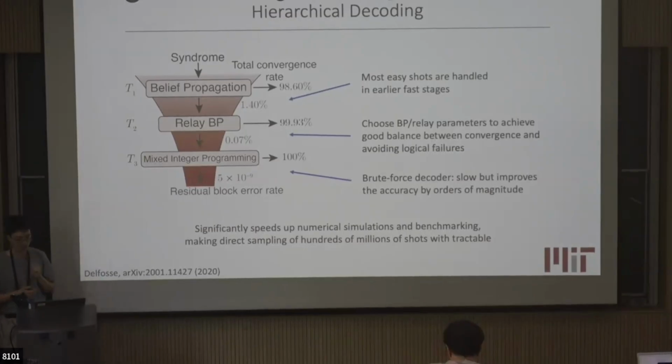And let's say that you could get 6 nines of convergence. What that means is that if you occasionally needed to fall back to a mixed integer program that took an hour, if you multiply 10 to the 6 by 1 millisecond, you get maybe 1,000 seconds. Okay, so maybe an hour is a little bit long, but the point is if it's sufficiently rare, then you could potentially tolerate that.